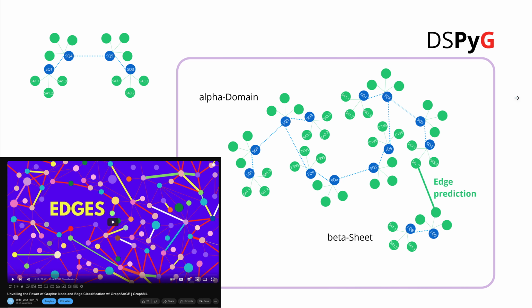Or, of course, if you're a subscriber of this channel, you have another option, edge prediction. Here, look at the edges. If we have a complete graph, we can do some edge prediction calculation. Based on the semantic information here of the complete data, this program will give you a probability. And maybe we find out that this particular green node here and this particular green node here, connecting the alpha domain to our beta sheet, the probability that there could be a real edge connectivity is very high.